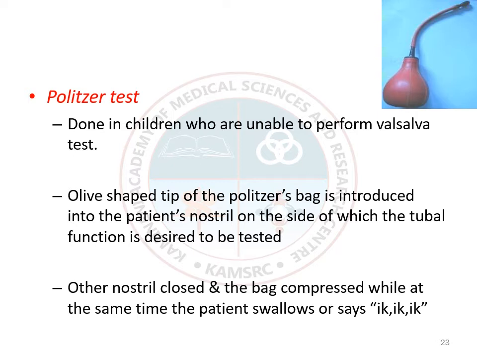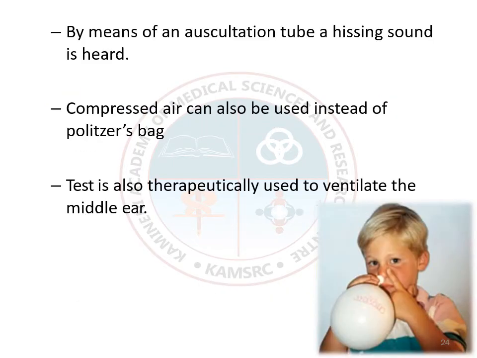The tip is introduced into the patient's nostril on the side you are testing. You push it into that side and ask them to close the other nostril, and the bag is compressed. If the patient swallows or says "ick ick ick", you can hear the hissing sound.